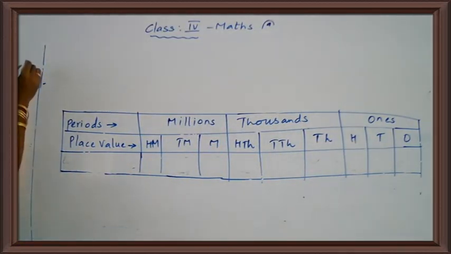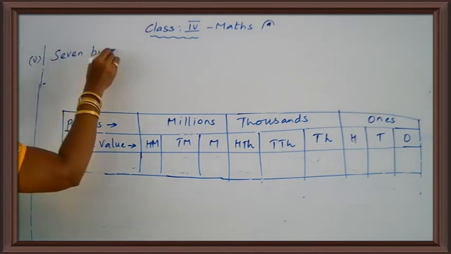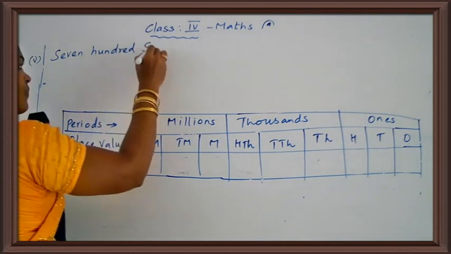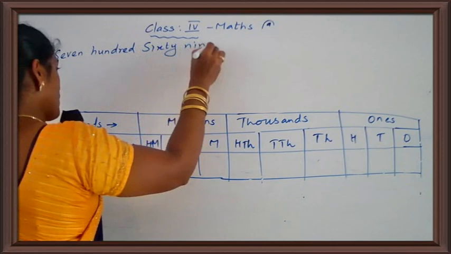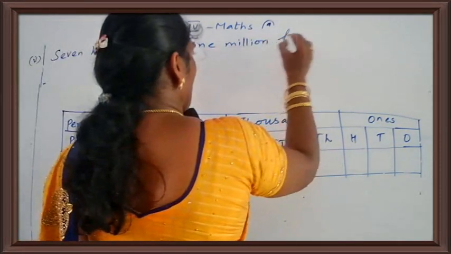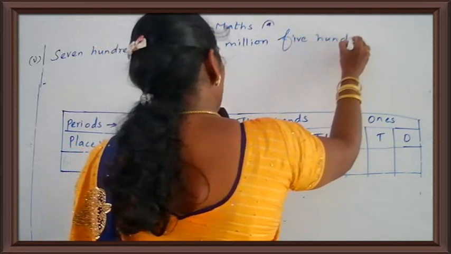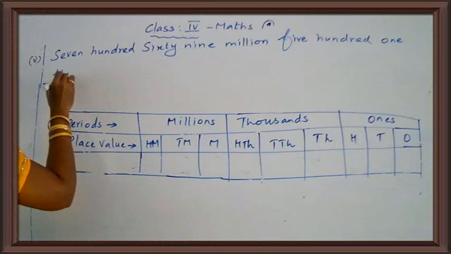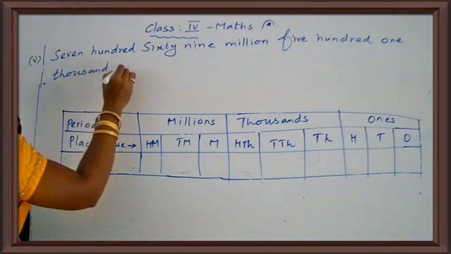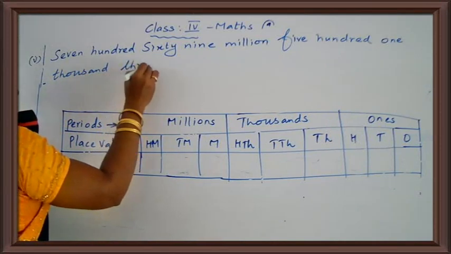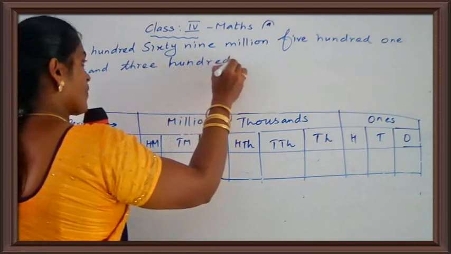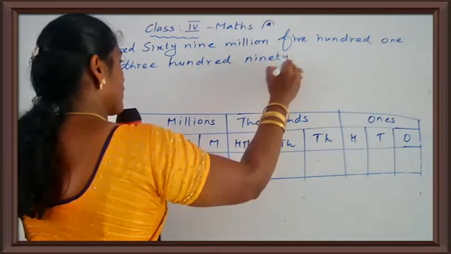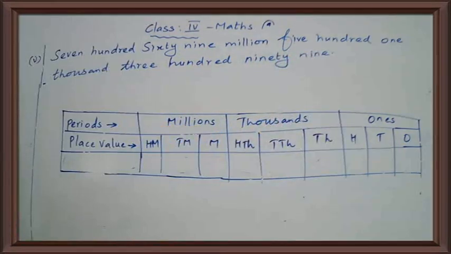Fifth one, 769,501,399. Okay. So first of all, you write the numbers.